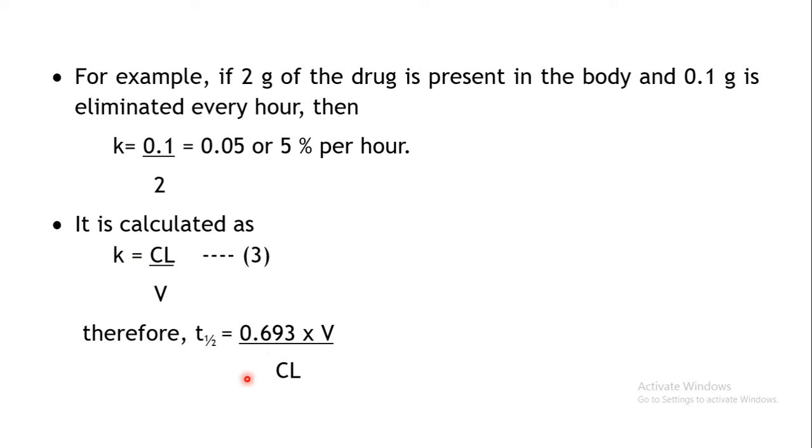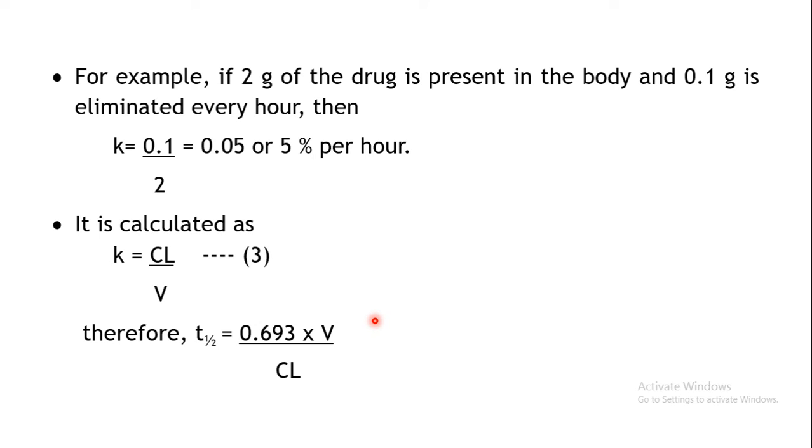So when you substitute the value of that K in the denominator, the formula will become T half-life equal to 0.693 multiplied by V. This will go in the numerator and Cl will remain in the denominator. So this is the formula for your T half-life.